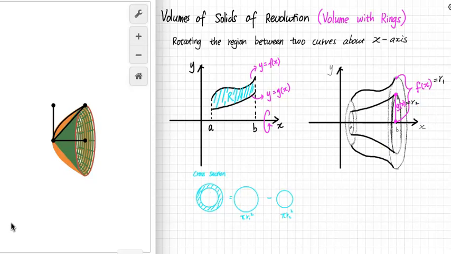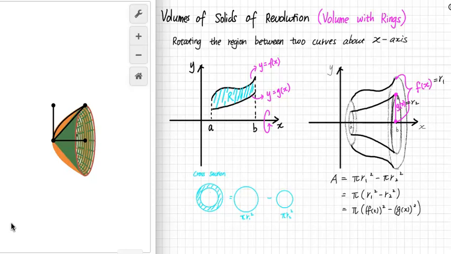So therefore my cross-section area is pi r1 squared minus pi r2 squared. Now I can factorize the pi out, so I have pi times r1 squared minus r2 squared. I'm going to replace r1 and r2 with the functions that I have, so it's f of x squared minus g of x squared.